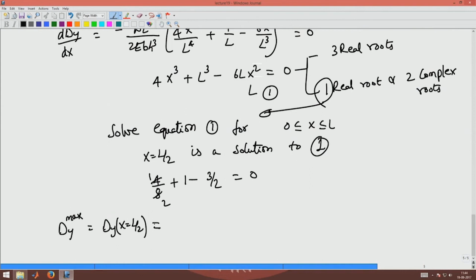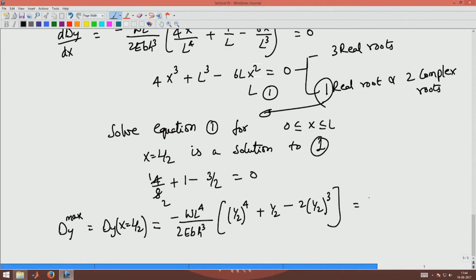Going back to our equation, this would be minus w L power 4 divided by 2 E b h cube into 4 times 1 by 2 whole power 4 plus 1 by 2 minus 2 times 1 by 2 the whole cube. So, this will be equal to minus w L power 4.